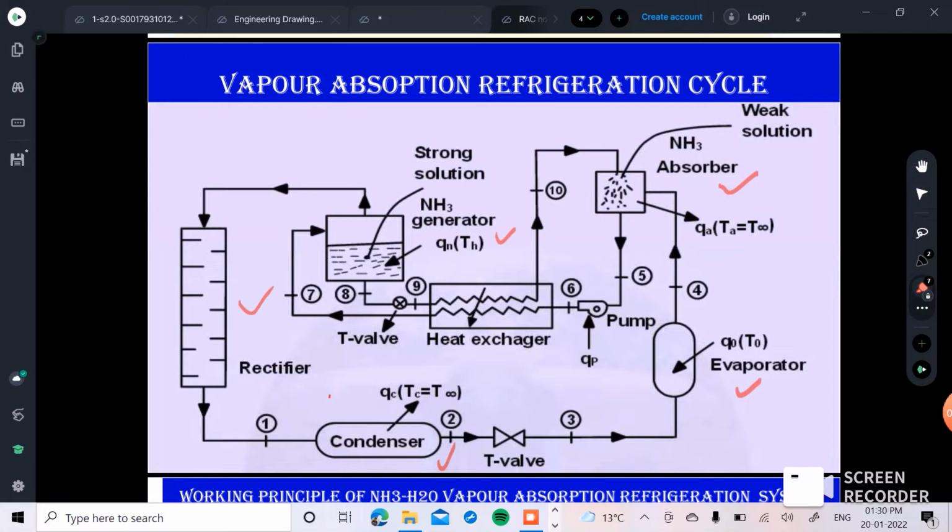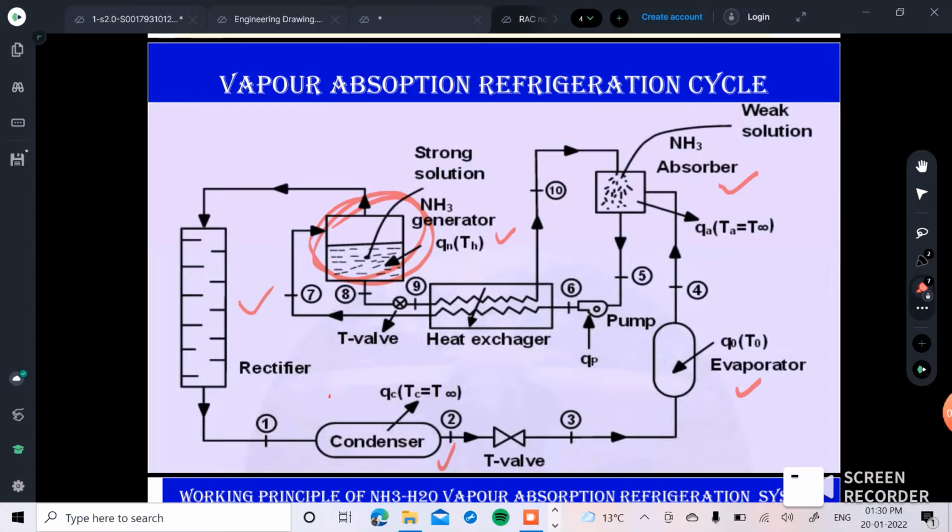The strong aqua ammonia solution is heated in the generator by the application of an external heat source. Where is the generator? This is the generator. This is the generator part where a strong aqua ammonia solution is heated by the application of an external heat source, and NH3 vapor is removed from the solution.